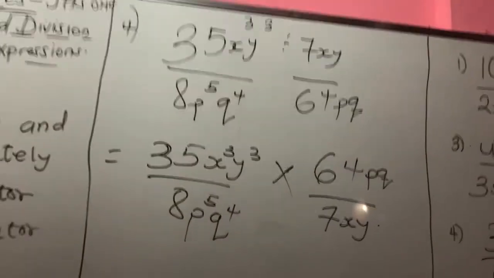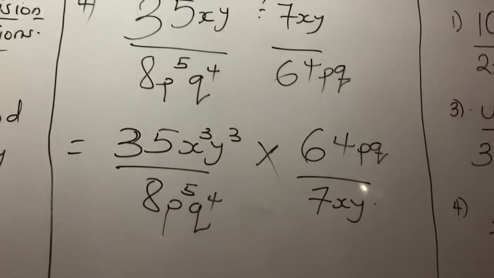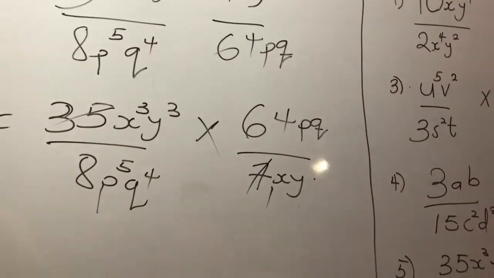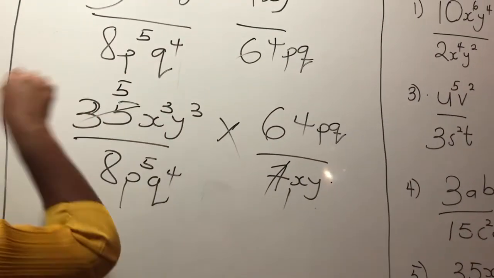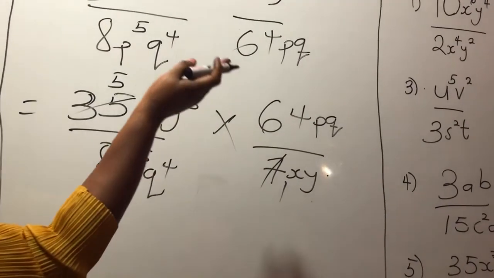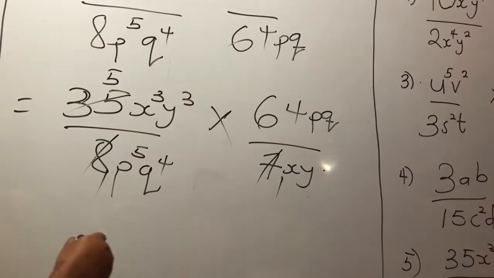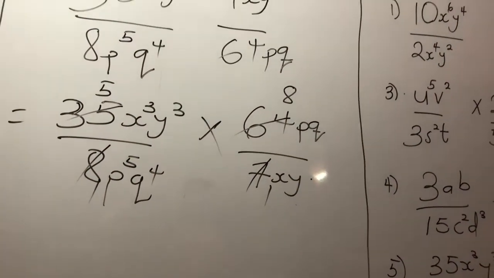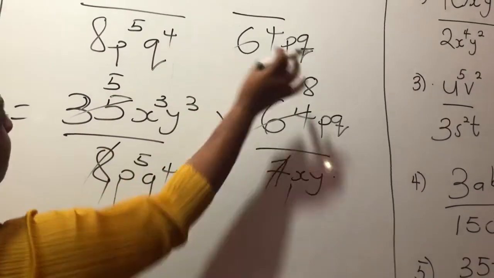What is the next step? Cancel out any common factors. So we have 7 into itself 1, 7 into 35 what? 5 times. Can 8 work with 64? Yes. 8 into itself 1, 8 into 64. Alright, so we pick our numbers.